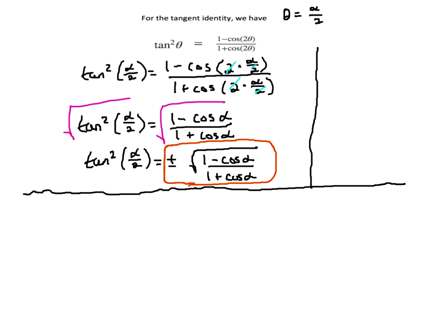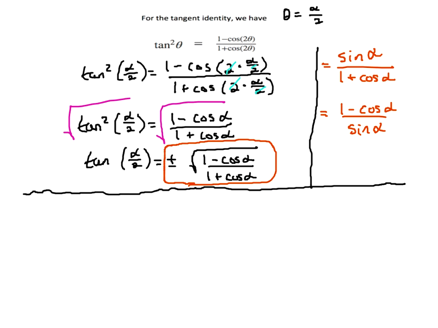Oh, that shouldn't have a square on it. I'm sorry. We took the square root. Okay. It not only equals that whole thing, but it can also be equal to sine alpha over (1 plus cosine alpha), or it can be equal to (1 minus cosine alpha) over sine alpha.